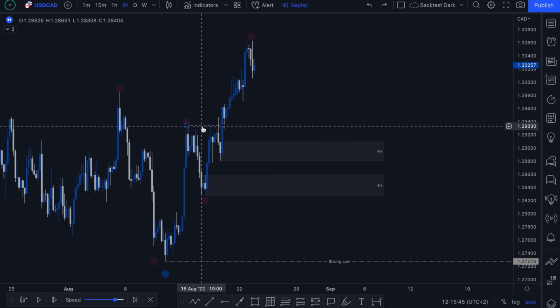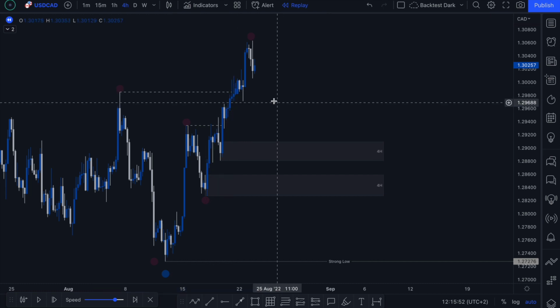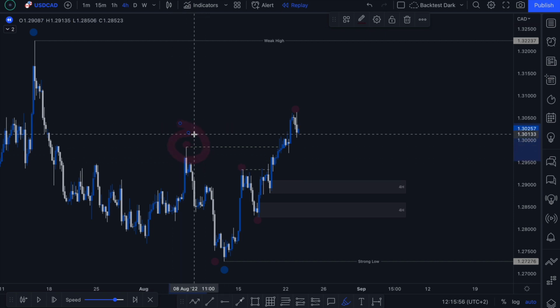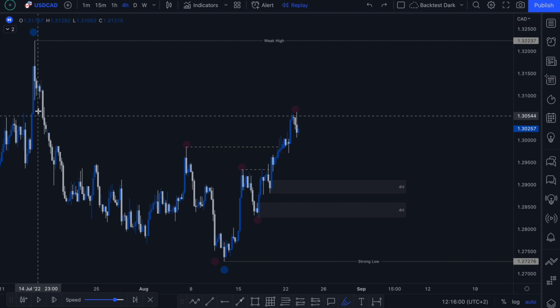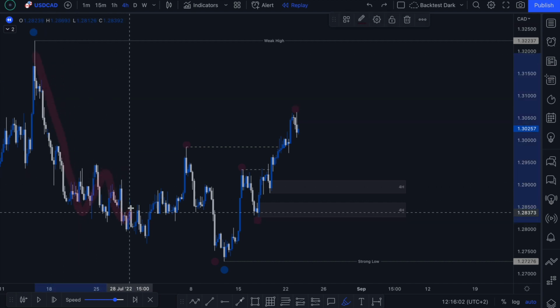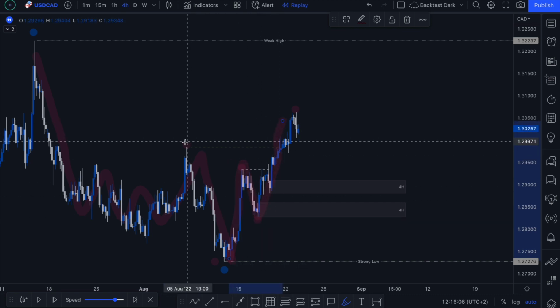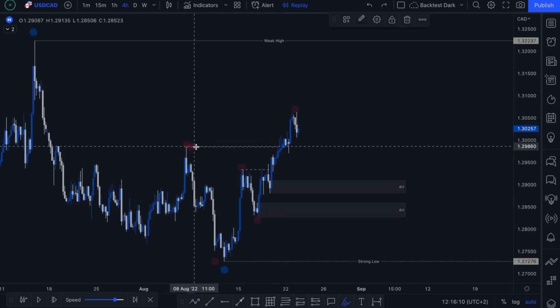Another break of structure that we also want to mark out is this break of structure in here, purely because it shows us that from a 4-hour point of view, we changed trend from this bearish price action in here to then pushing bullish. So from my 4-hour, I am only bullish after this break of structure.